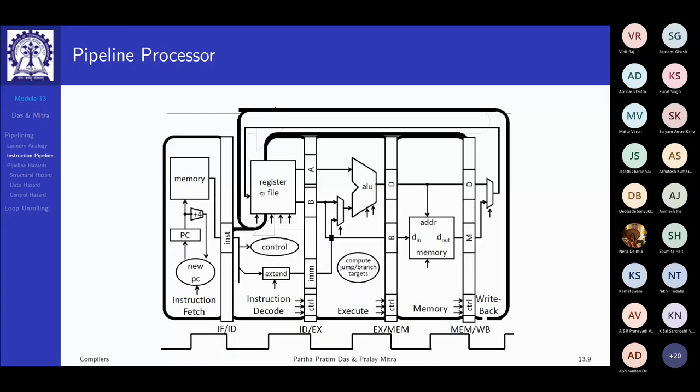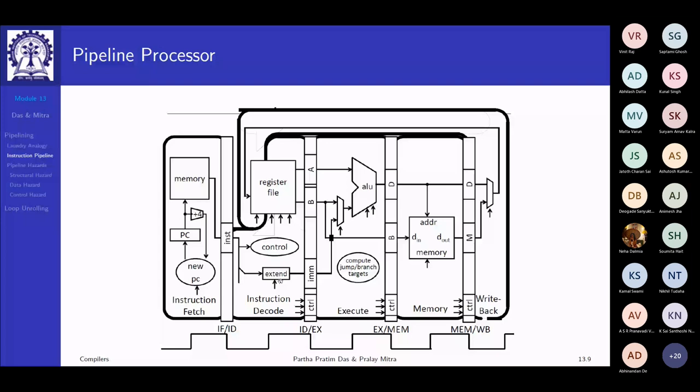This is a very simplistic view. So in the instruction fetch stage, you have the memory to fetch from. You have the program counter with its new program counter value. In the decode phase, you have the register file, which is the bank of registers that you have, and the control, which is decoded from this instruction as to what needs to be done. So that's the instruction decode.